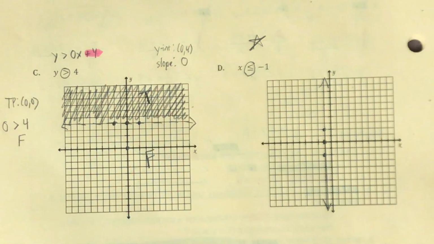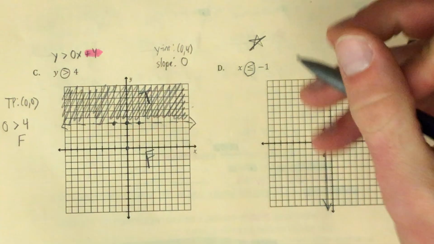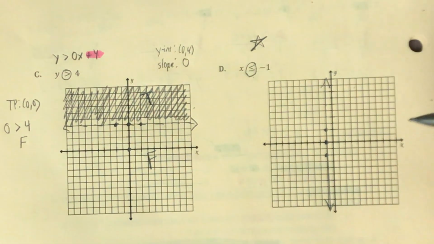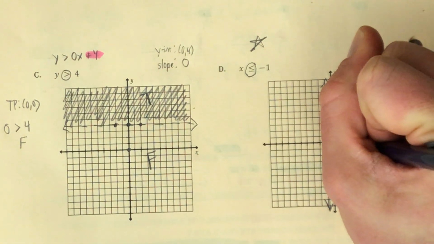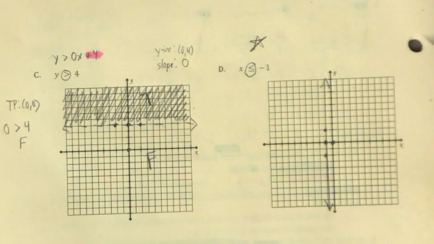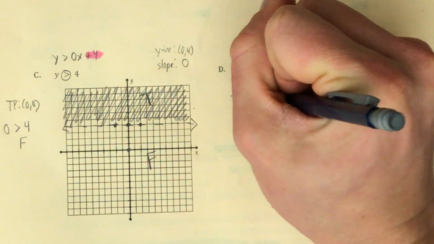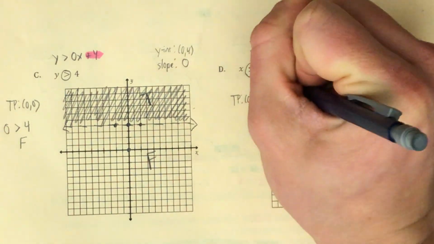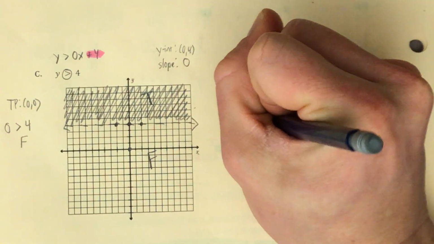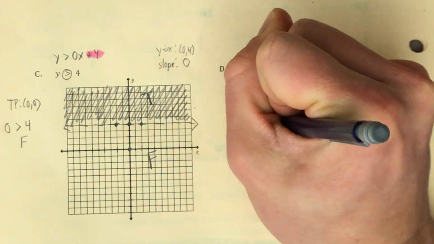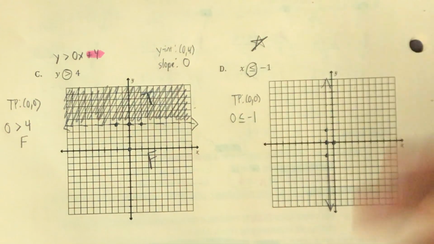Now from here, I still want to follow my normal rules about a test point. So I'm going to pick a point that does not fall on the line. In this case, 0, 0 doesn't fall on the line, so I'm going to use that. I'm going to plug the test point of 0, 0 into my inequality. So in for the x goes the 0, in x is less than or equal to -1.